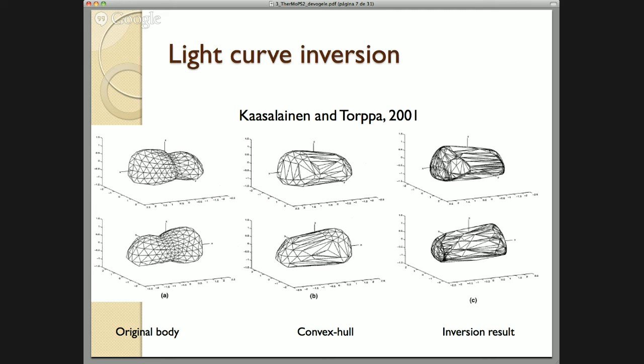This was said in the work of Kaasalainen and Torppa, but it was never studied whether the flat surfaces found on the convex shape model can be due to the presence of concavities or not.